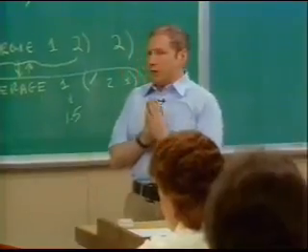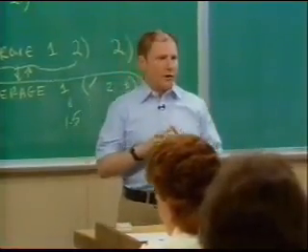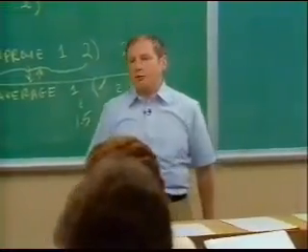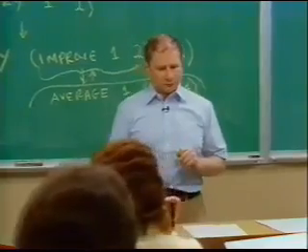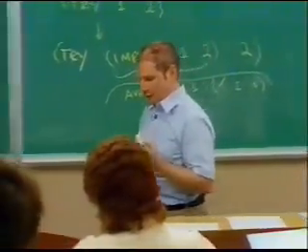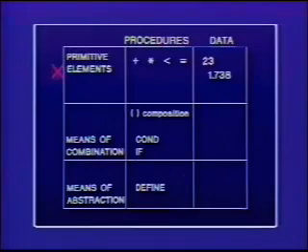Okay, well, let me summarize. We started out with the idea that what we're going to be doing is expressing imperative knowledge. And in fact, here's a slide that summarizes the way we looked at Lisp. We started out by looking at some primitive elements, and addition and multiplication, some predicates for testing whether something's less than or something's equal.